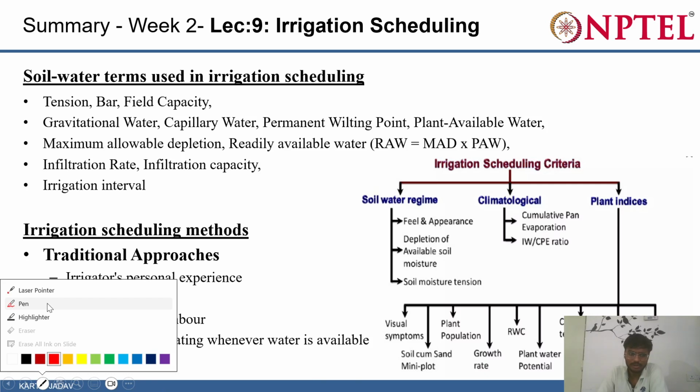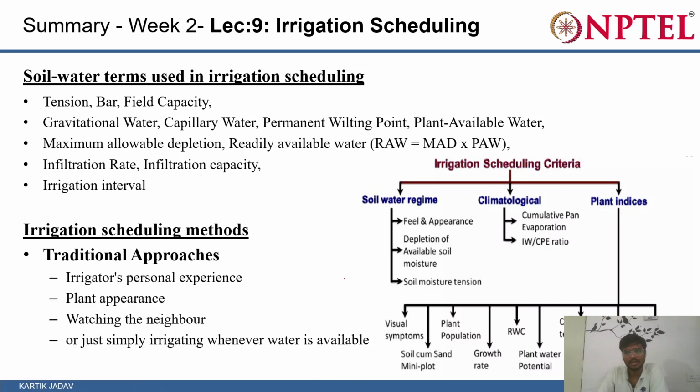Basically, for when to irrigate, we require various measurement techniques based on soil, climatological, and plant indices that tell us what amount of water is already available in soil, plant, or through this kind of indirect approach.